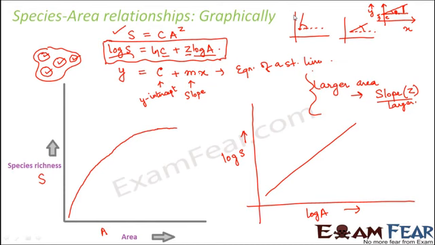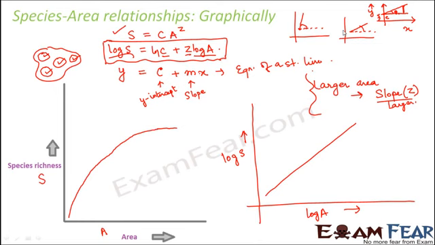But in case of a smaller area, it is more proportional. As the area increases, the species richness also increases, but the way the value increases gives it a less steep slope. So I hope this concept of species area relationship is clear.